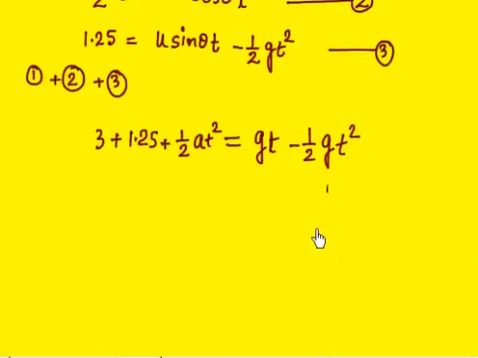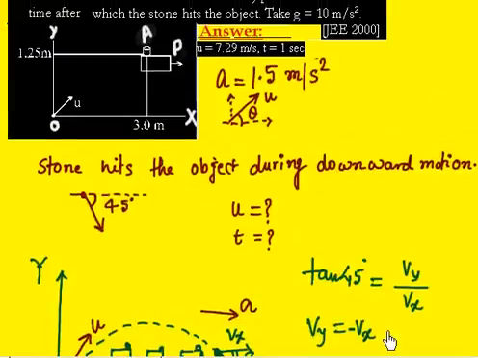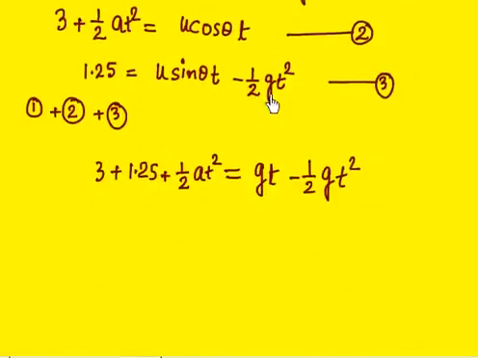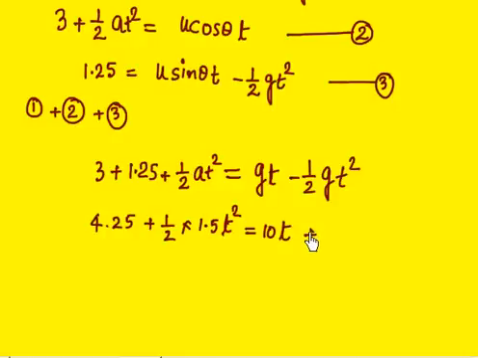So we have to solve, and the acceleration a is given to you, that is 1.5 meter per second square. So it is 3 plus 1.25, that is 4.25, plus a half, and this is 1.5 t square, and g I have to take 10 because the question says take g equal to 10, and this minus half g t square, half g is 5, so t square.